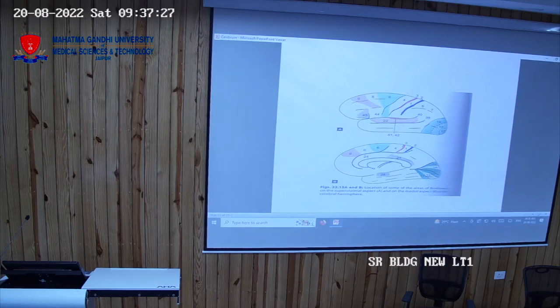The secondary auditory area is helpful. For example, we are listening to music. Okay? By listening to the song, you identify that this song belongs to this movie. That is done by area number 22. Area number 22 is the association auditory area.